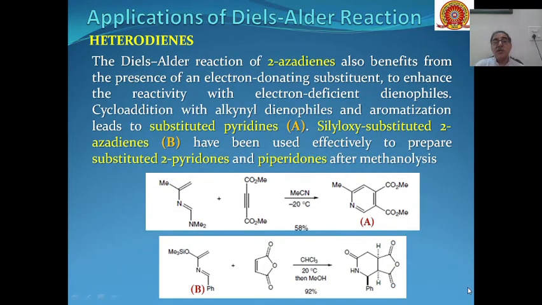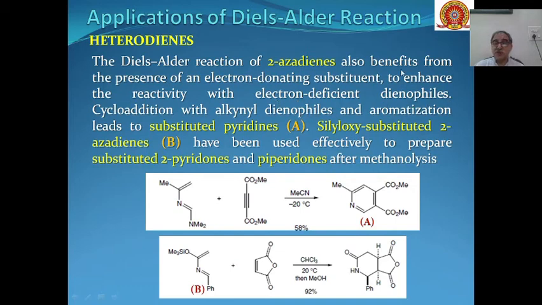Then there is another example of heterodienes. The 2-azadienes can also be used for this type of Diels-Alder reaction. Here the presence of an electron-donating substituent enhances the reactivity with electron-deficient dienophiles.